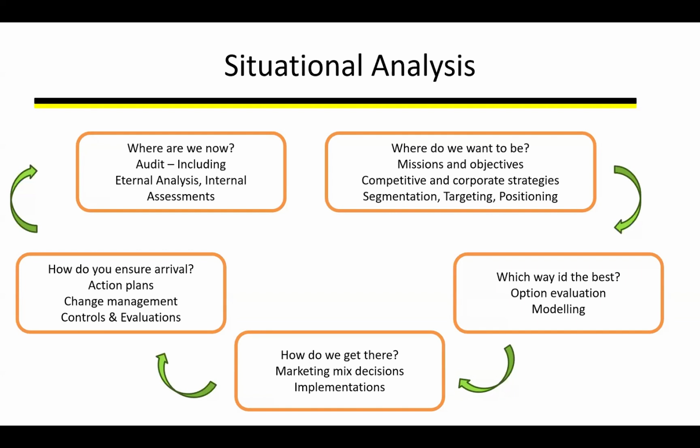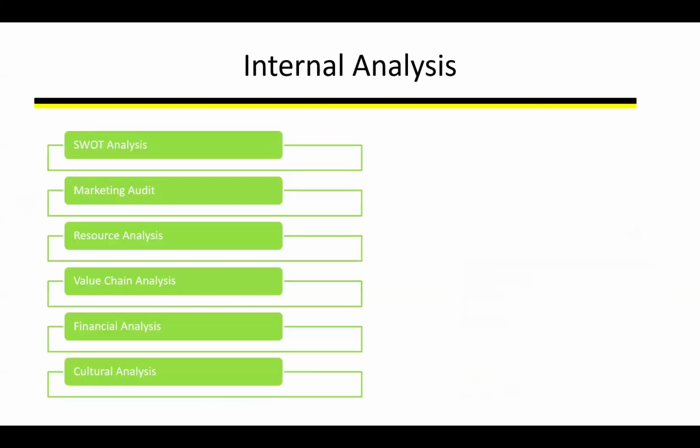However, in a practical environment, this is not that simple because you have to do a lot of things. You have to analyze things. You have to gather information and do an audit, right? Not an easy task. Okay, so let's see how you are doing. There are two things in your situational analysis: one is internal analysis, the other is external analysis.